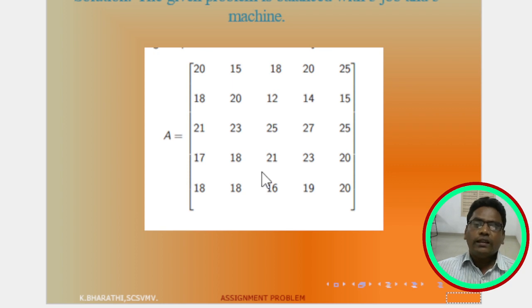If the number of rows is not equal to the number of columns, then that case is known as the unbalanced problem.